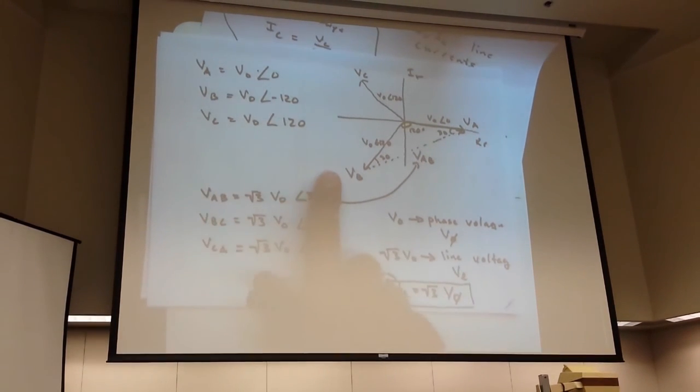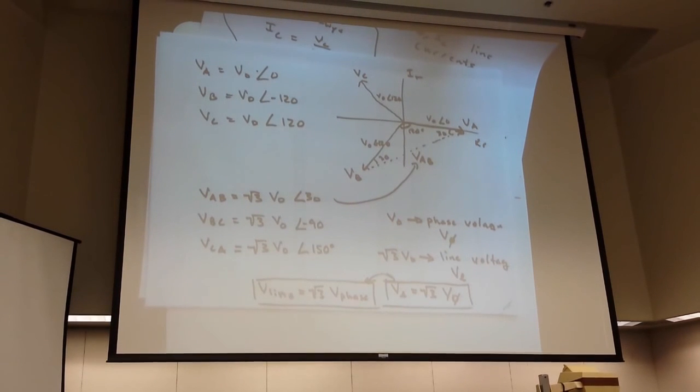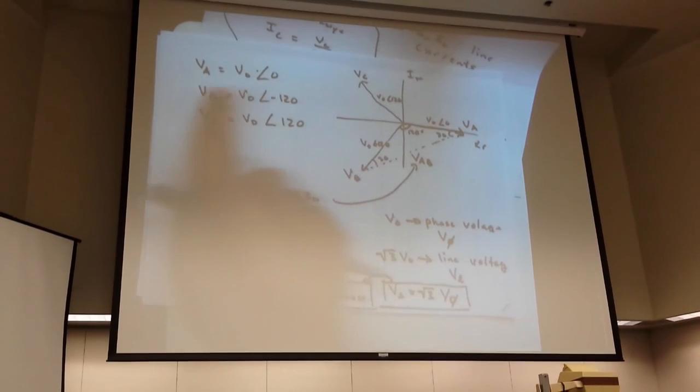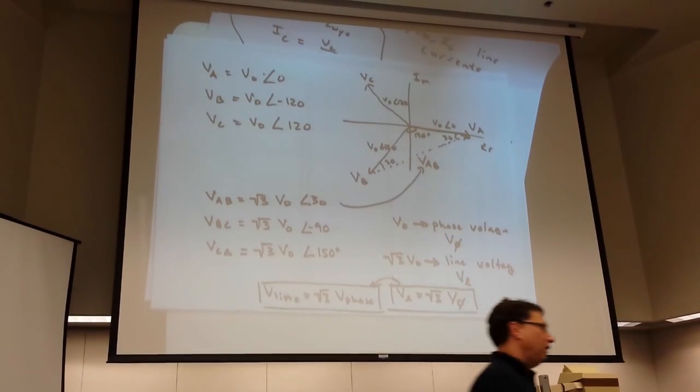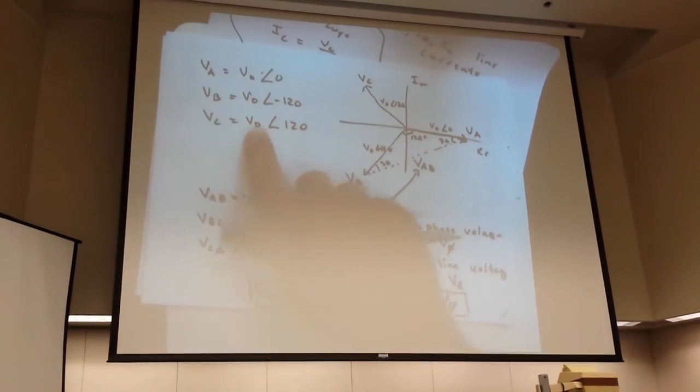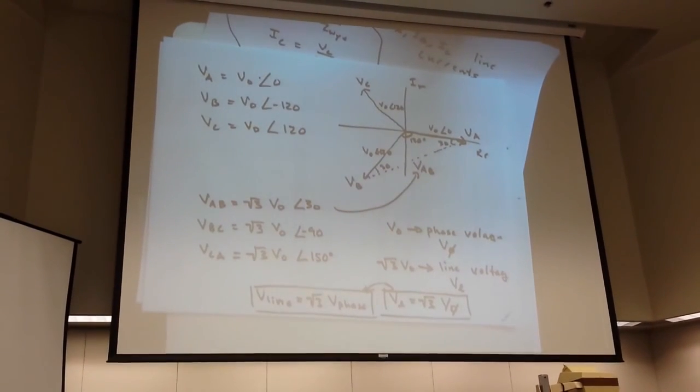Once you're given one of these, you know all of them. They're all constrained. So there's the shift. VA has an amplitude and an angle, and everything from there on out just goes by figuring out what the amplitudes are. All our phases, same amplitude, and then the shift by 120 degrees.